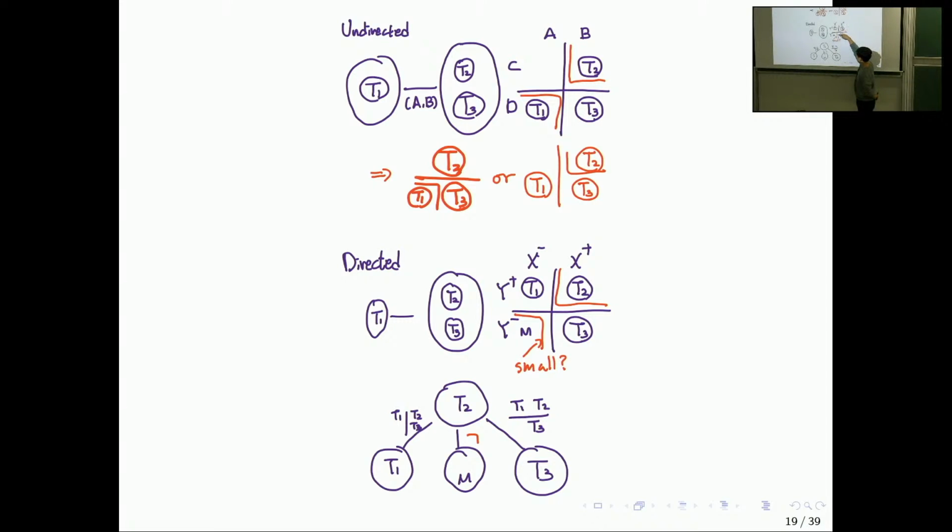So then maybe this part is small and this part is large, right? So this is an annoying case. And then we actually need to extract this into some other bags. So this is basically why we need the injection for the tree decomposition, because if we put the M into the T1 bag or T3 bag, then it will not be an exact separation.